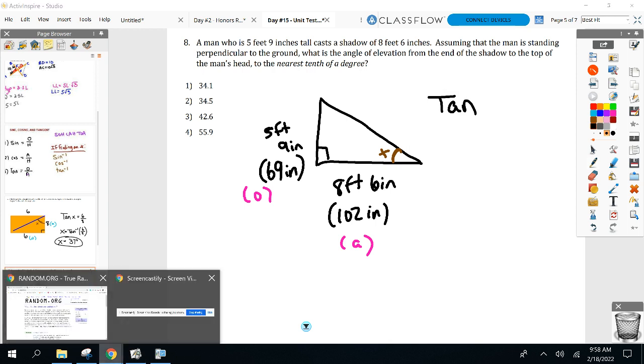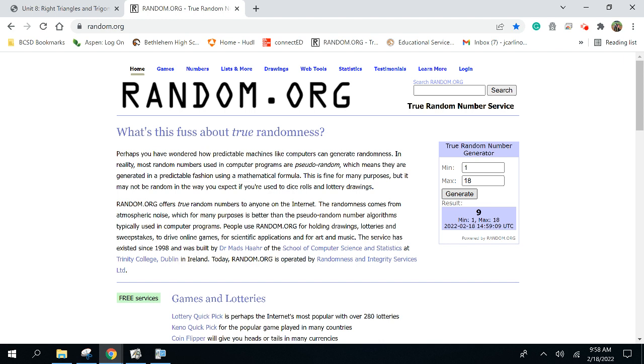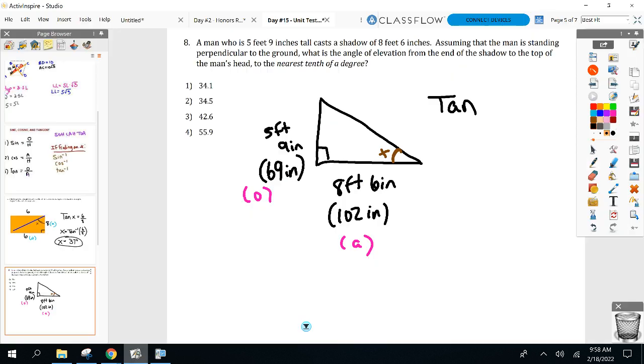Nice. Set up the equation. You guys are just like machines. Inverse tangent equals 69 divided by 102. There we go. Inverse tangent.